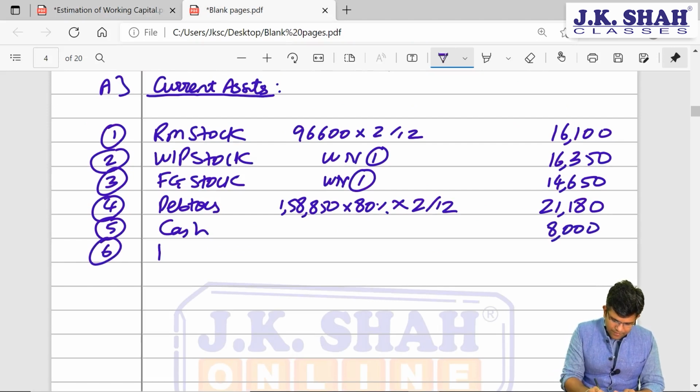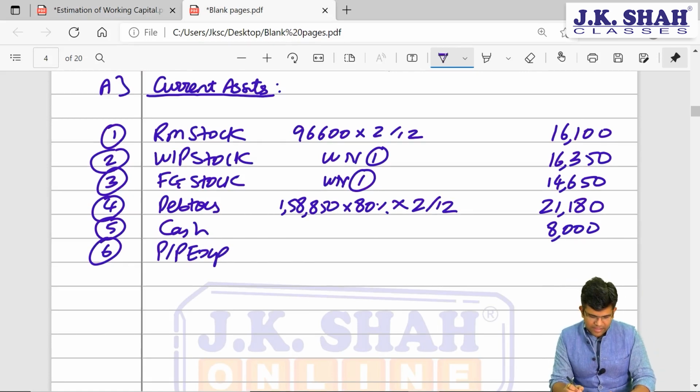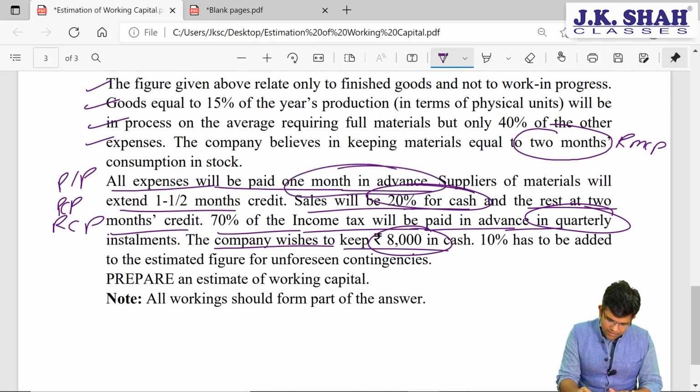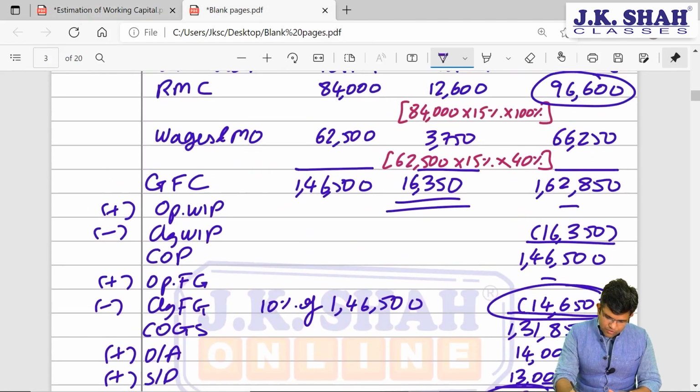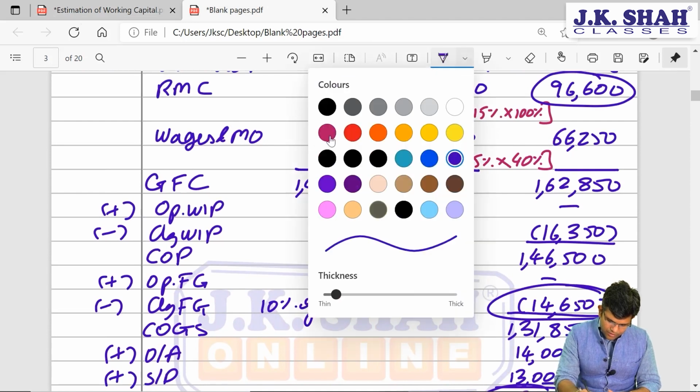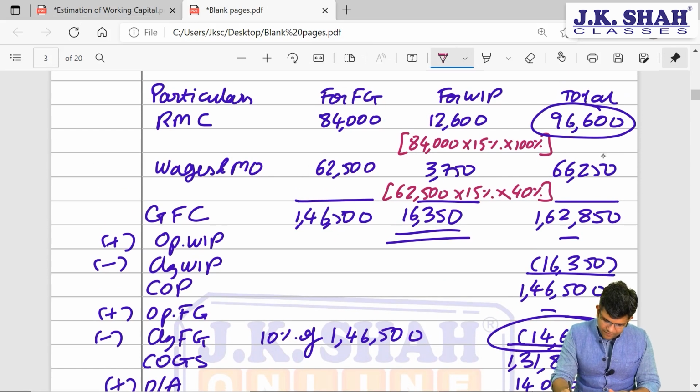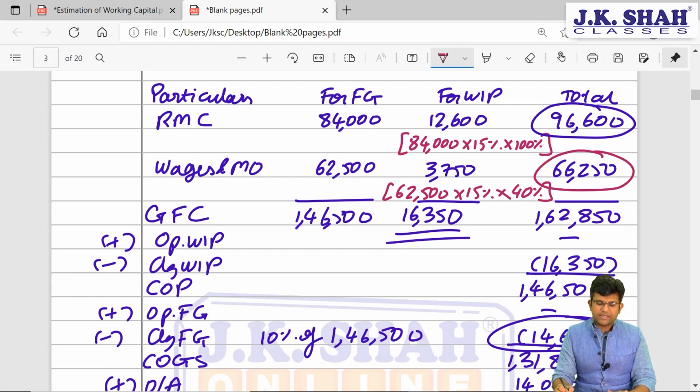Then we have got prepaid expenses, correct? We have got prepaid expenses. They are saying all expenses are paid 1 month in advance. So when I say all expenses, which all expenses will come? Students, I'll just mark it for you here. Okay, there will be wages and manufacturing overhead 66,250.